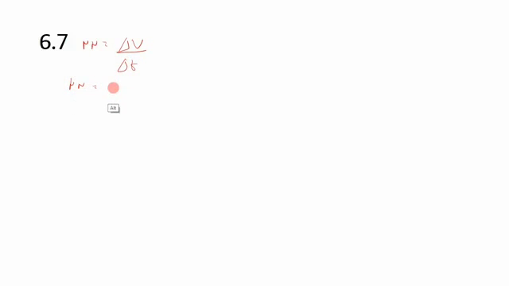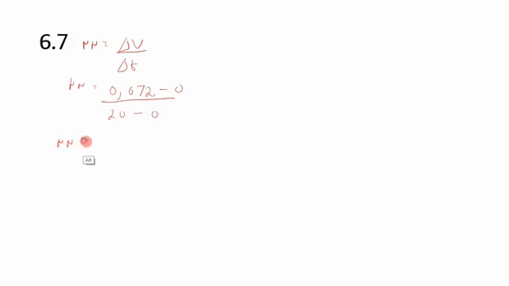Remember the volume was 0.672, and initially we assume that there was no carbon dioxide produced, so the initial volume is 0, and then 20 seconds, so our change in time will be 20 minus 0, because initially the time was 0 and then it reached 20 seconds.